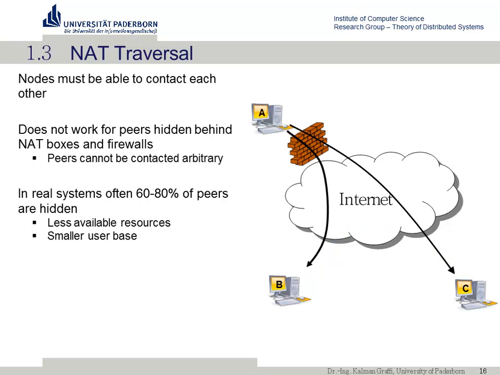If you are behind the network address translation, then you can also send some messages out, and they can also be answered because there are some holes created for the answers, and that's good.